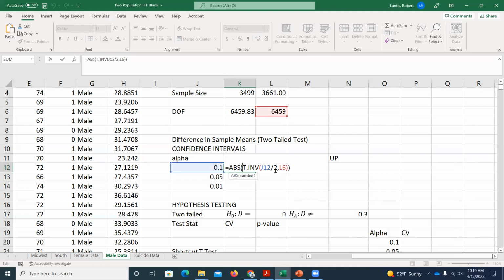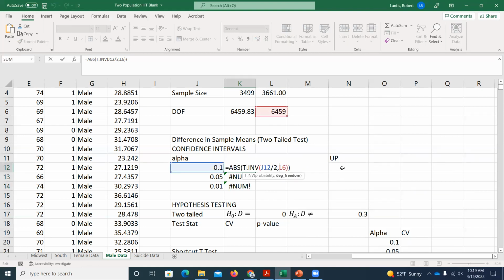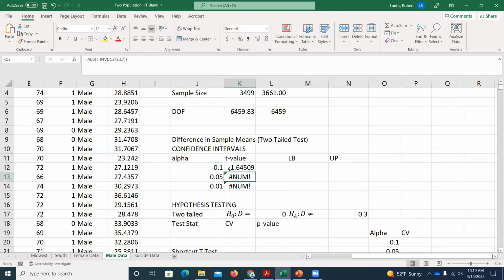I'm going to use the new alpha, but my degrees of freedom stays the same. So notice if I copy this down and don't freeze anything, I've got some errors. Well, that's because my degrees of freedom is always going to be in that same cell up there. The only thing I want to update is alpha. So now if I freeze that cell reference, I should get my 3 t values pretty quickly.